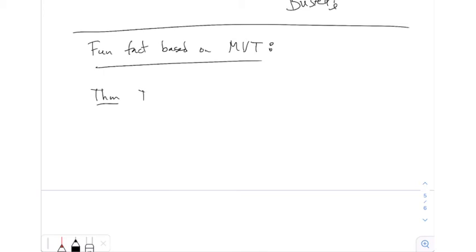It says if f prime of x equals 0 always, then what can you say? This is probably something that everybody knows. What can you say about a function if its derivative is always 0 at every point? Well, what do you know about that function then?